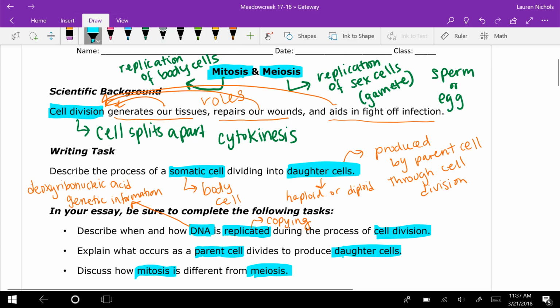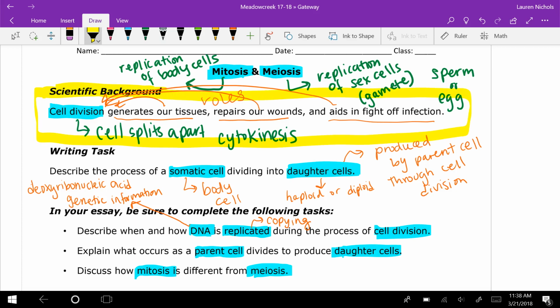Now, something I want to make sure you are aware of is this scientific background. This is really important when writing your introduction, because this is where you get your scenario. If you don't mention your scenario in your introductory paragraph, then you are considered off task.